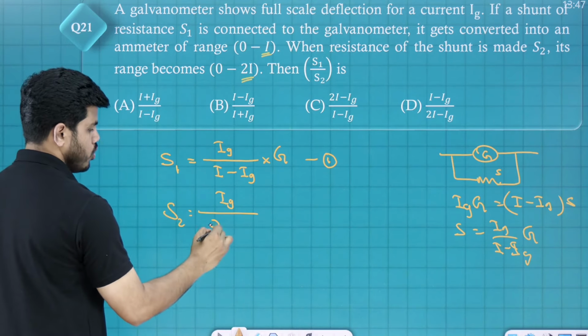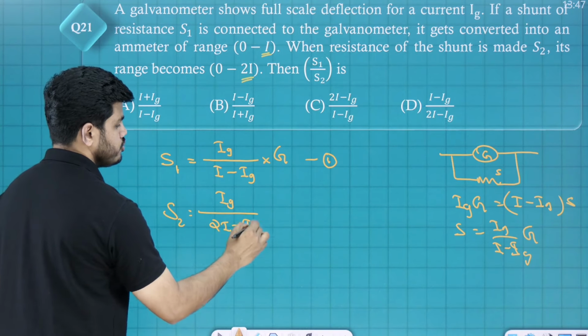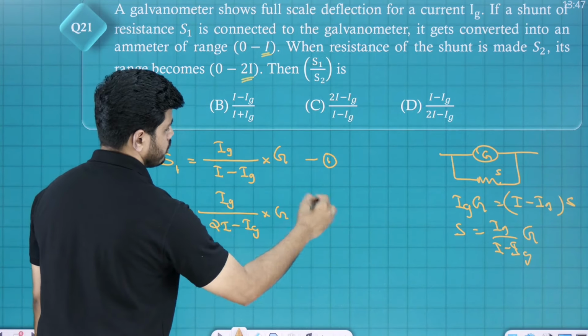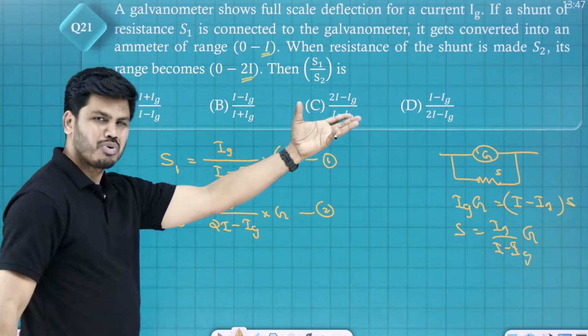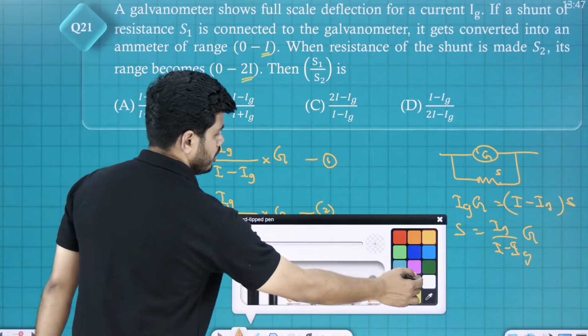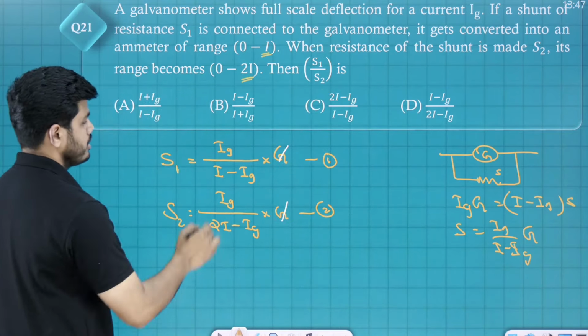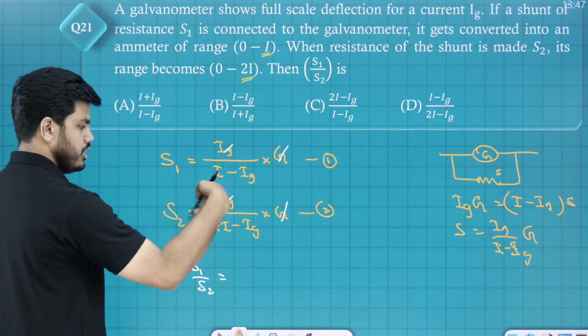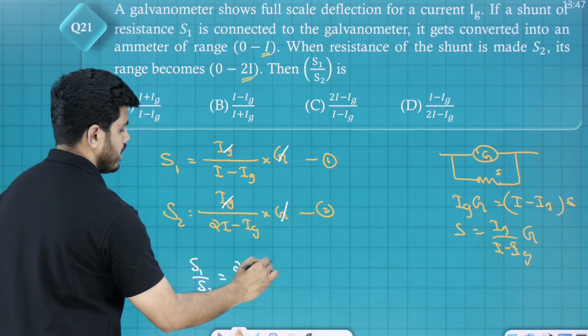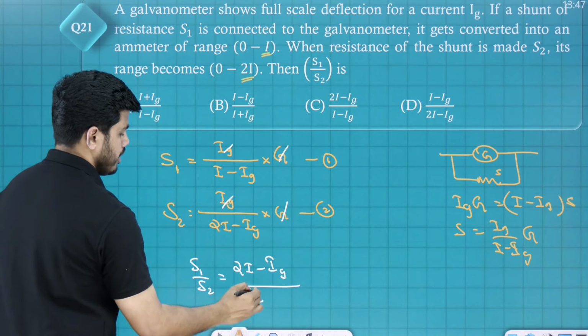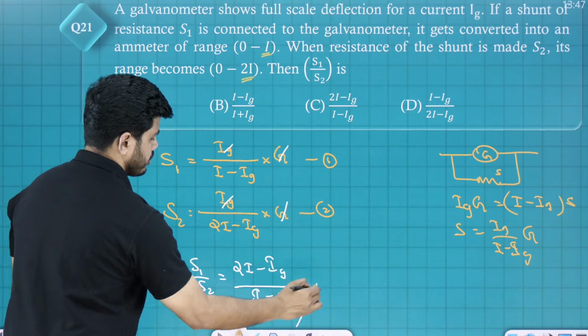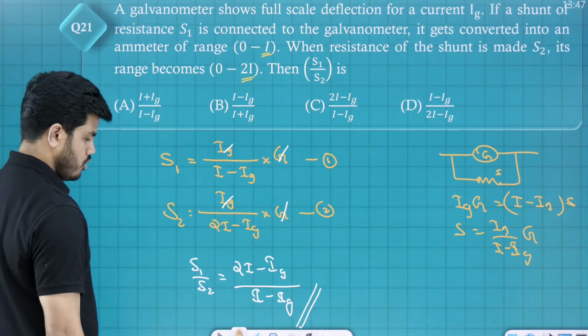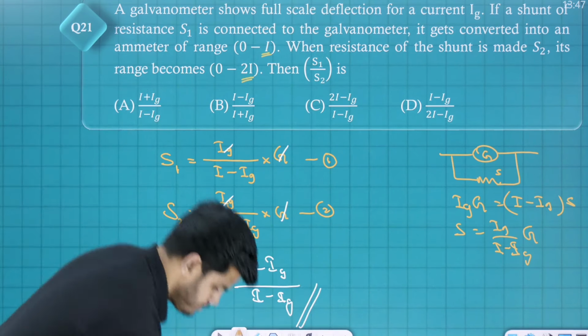Not I. So 2I minus Ig into G, equation number 2. You're asked to find the ratio of S1 by S2. If you take S1 by S2, G gets cancelled, Ig gets cancelled. So S1 by S2 is just the other way around, 2I minus Ig divided by I minus Ig. That is the ratio, and that is option C.